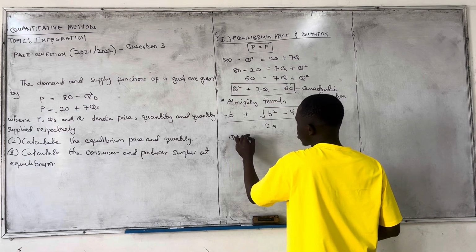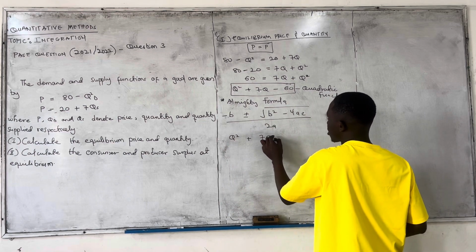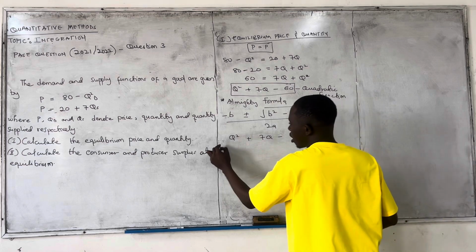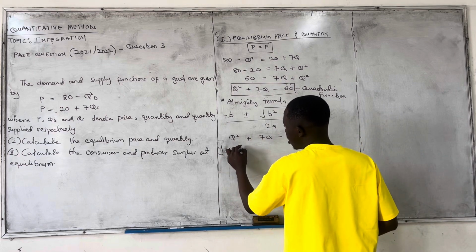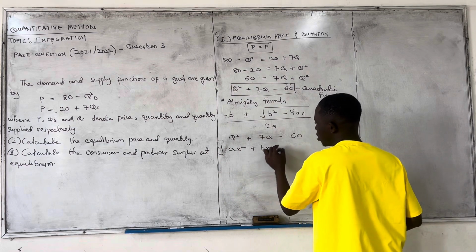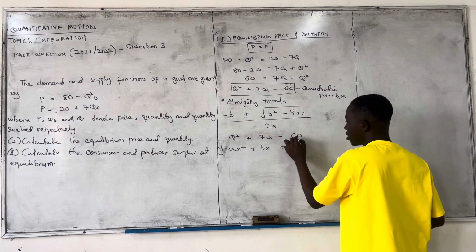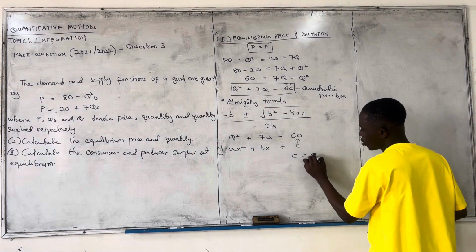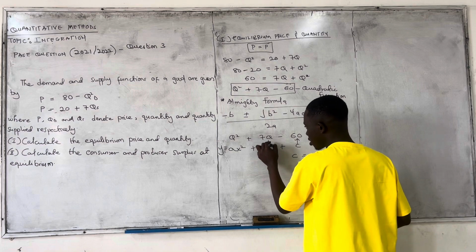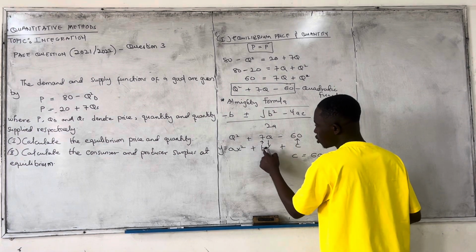So we have Q squared plus 7Q minus 60. The quadratic equation is modeled by ax squared plus bx plus c, so meaning this is c. So c is equal to minus 60. This is the Q term, so b is 7.